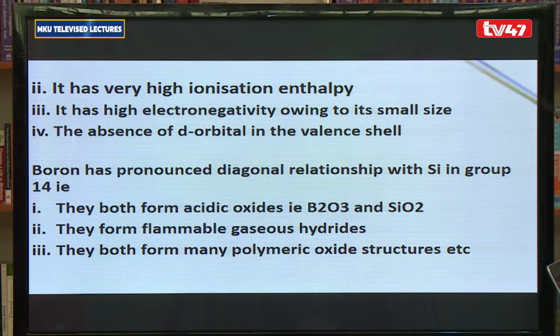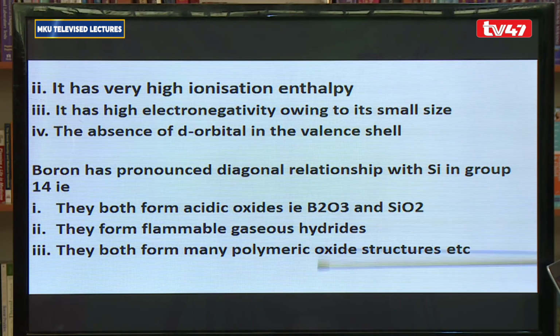At the same time, boron has a pronounced diagonal relationship with silicon, which is in group 14. They have a lot of similarities. They both form acidic oxides: boron oxide and silica are both acidic oxides.